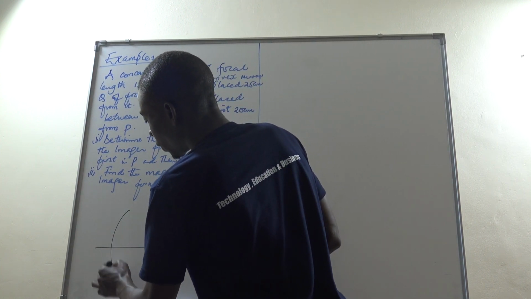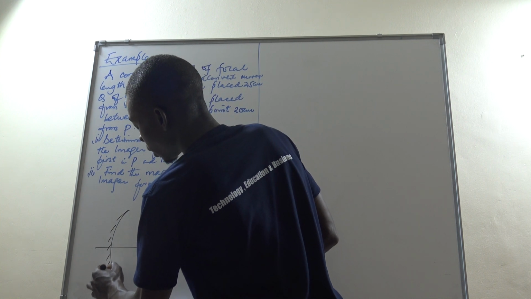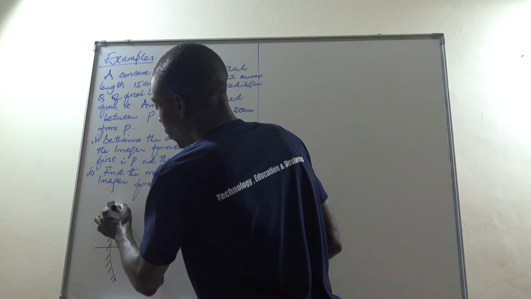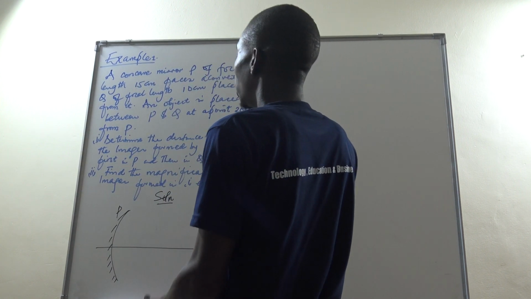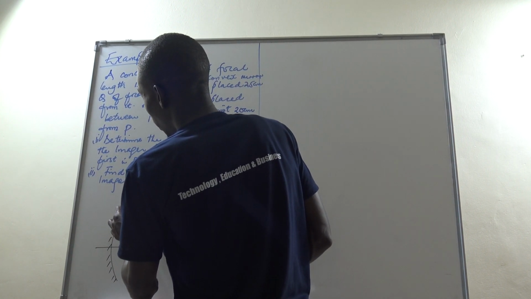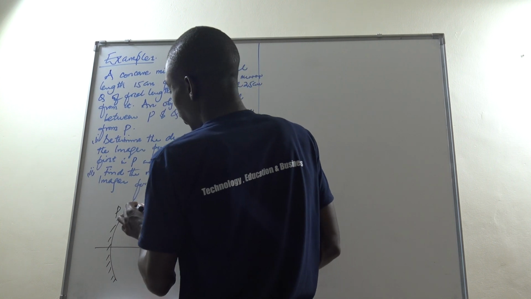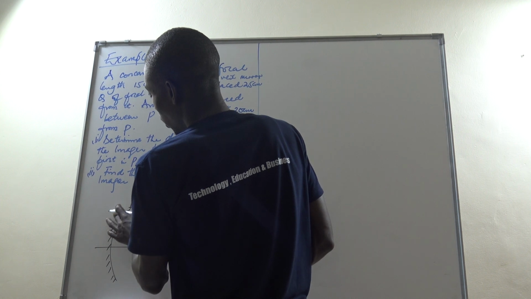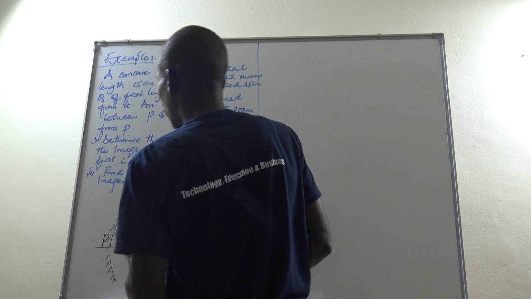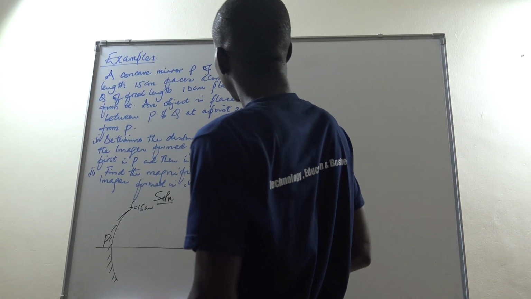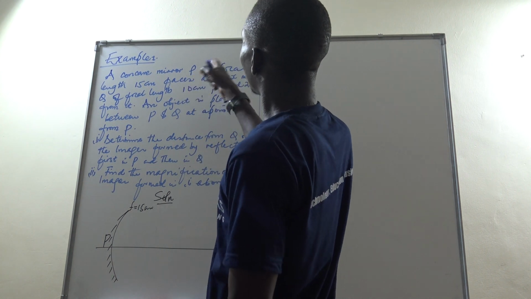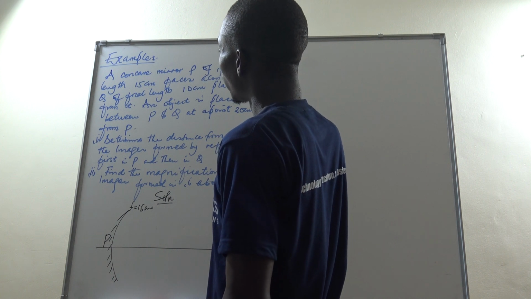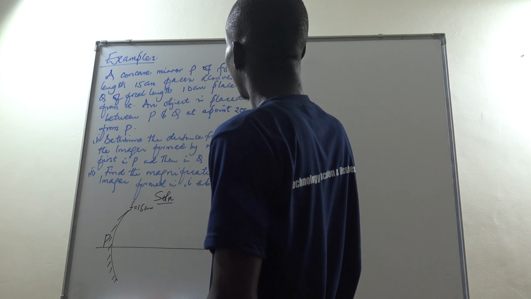If this is my concave mirror, it is therefore P, and its focal length here has been given as 15 centimeters. Then we have the convex mirror Q, of focal length 10.